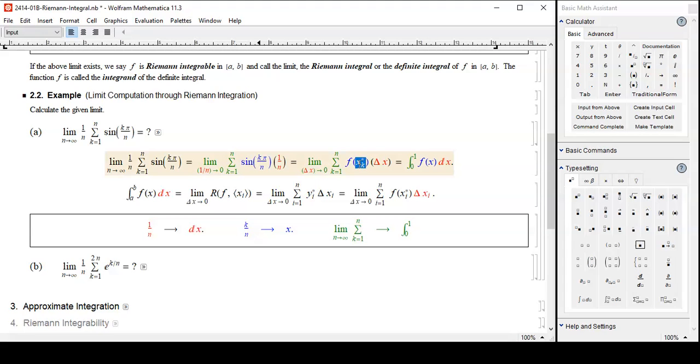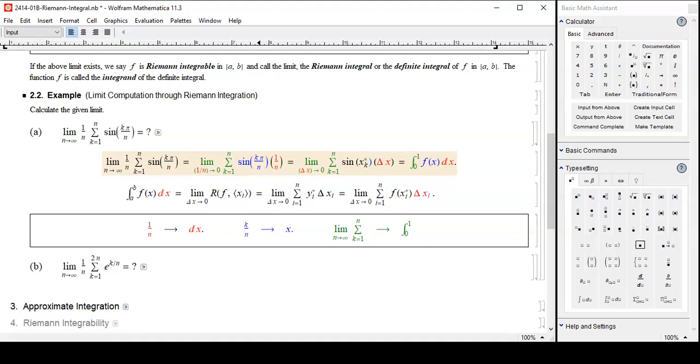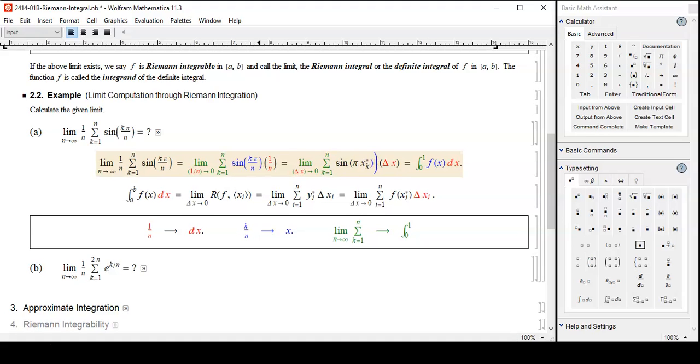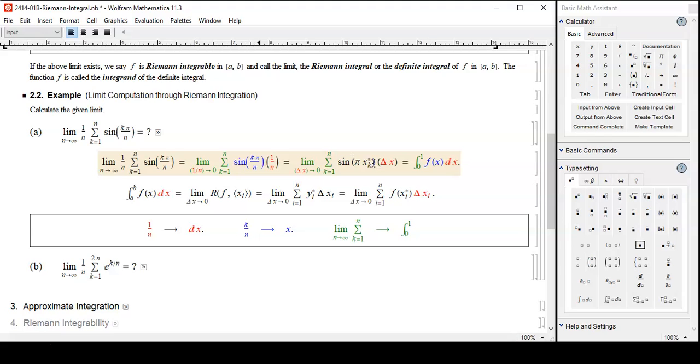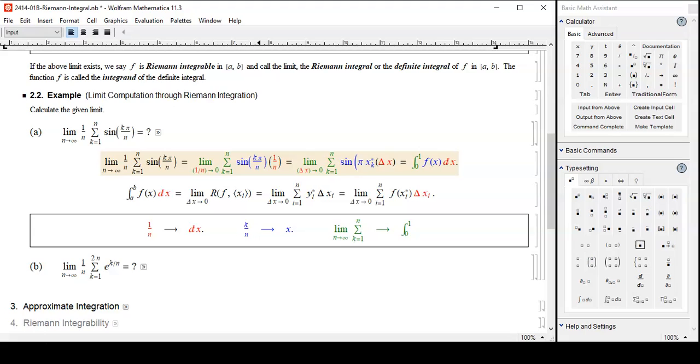So this whole thing will turn out to be sine of pi x. Okay, good. Calculating this integral is an easy thing to do.